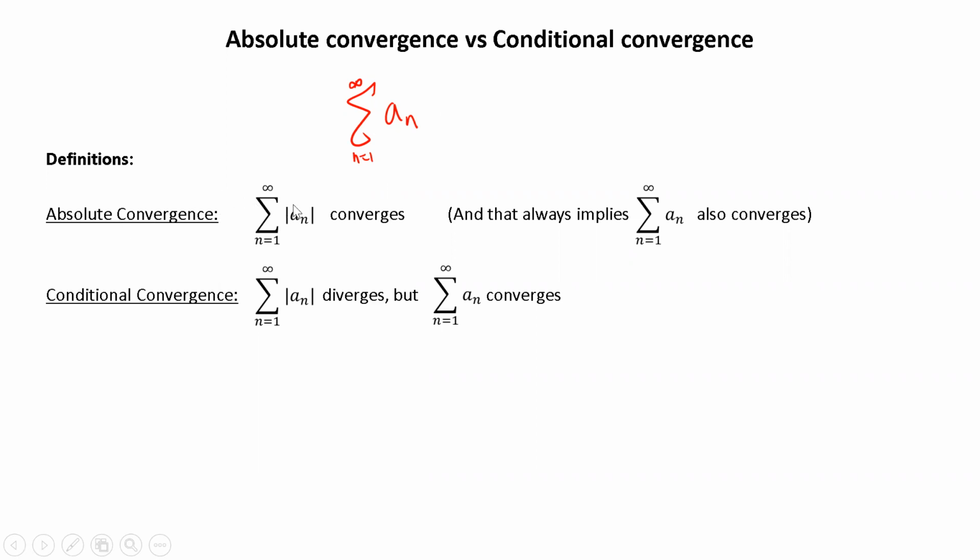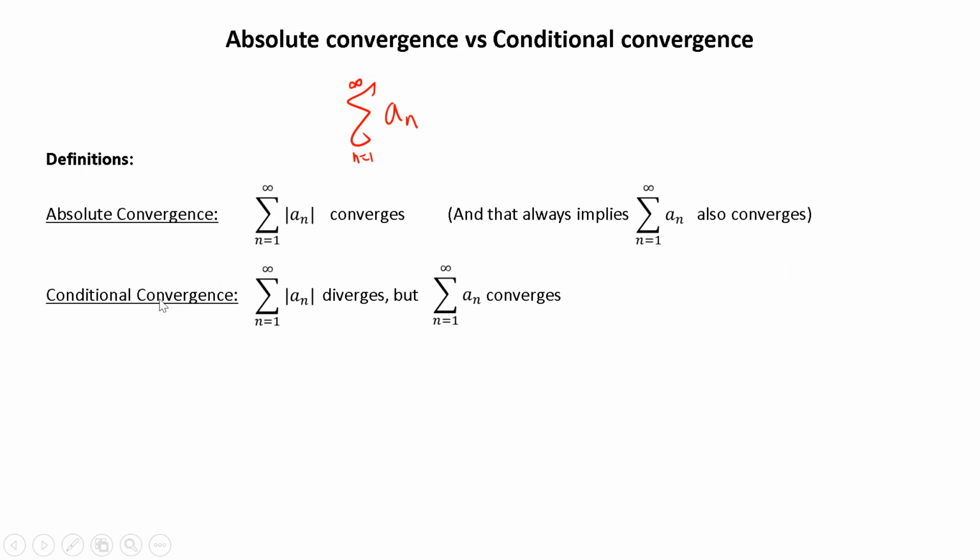And if the series with all these absolute signs is convergent, then it will also automatically imply that the original series by itself is convergent.